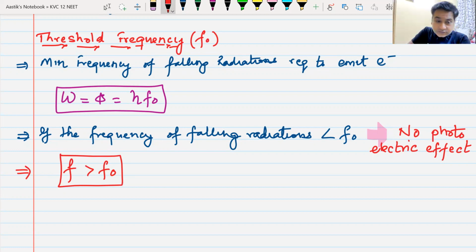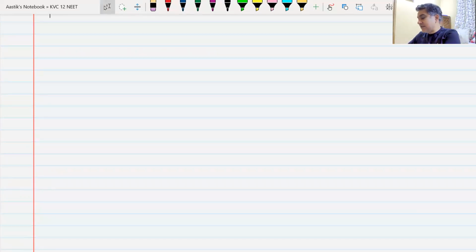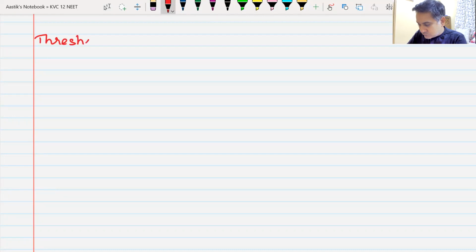Threshold wavelength. Yes, that is correct. Threshold wavelength, lambda naught.